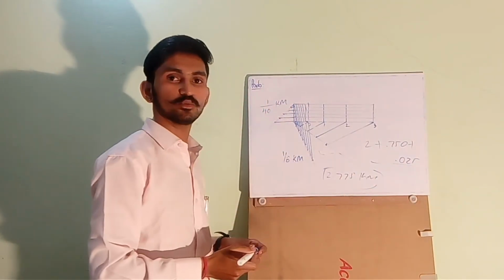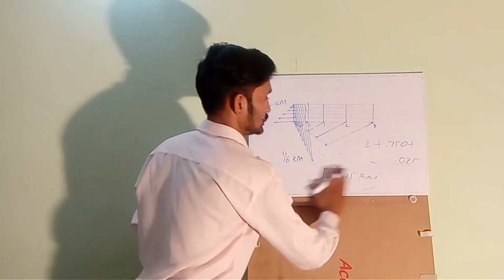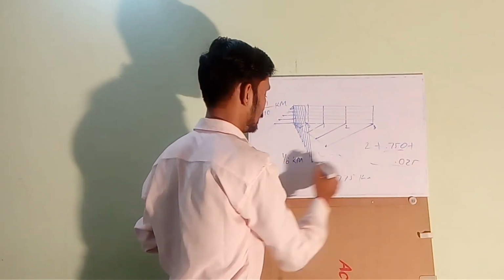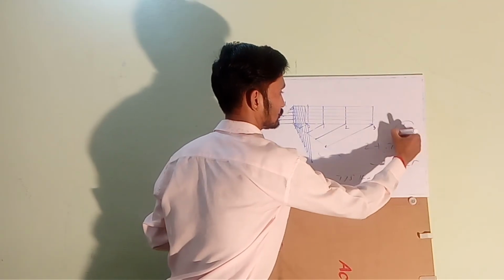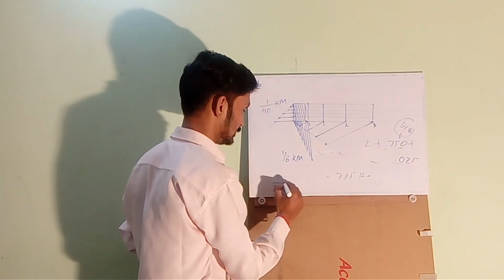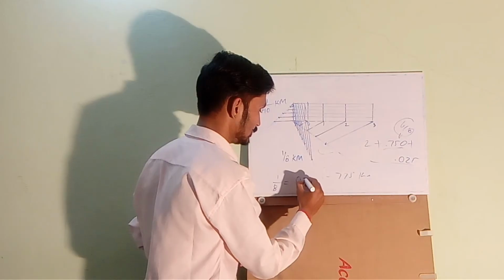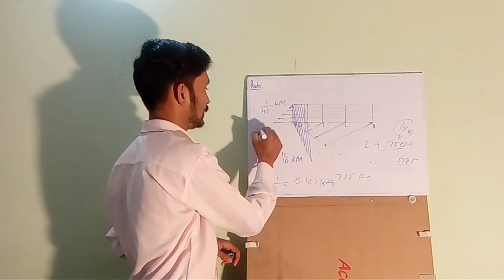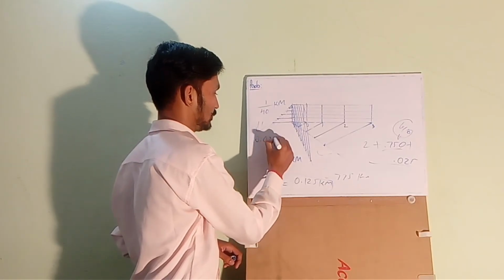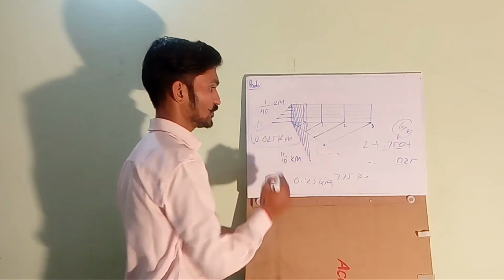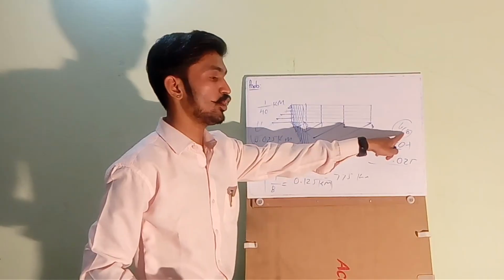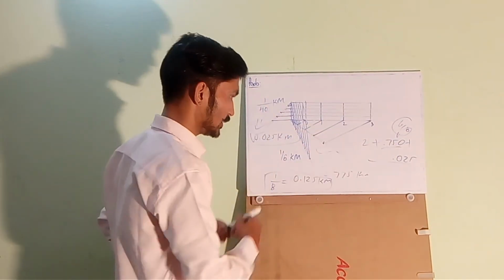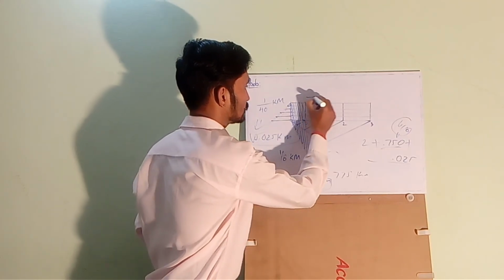So this is 2.775, with 2 here, and 0.750 can be 6/8, because 1 divided by 8 is 0.125 kilometer, and 1/40th means 0.025 kilometer. So this is 6 parts of 1/8 kilometer, and this is 1 part of 1/40th kilometer.